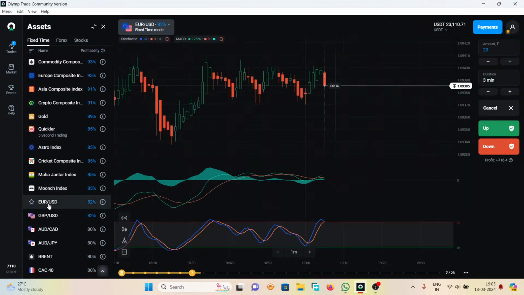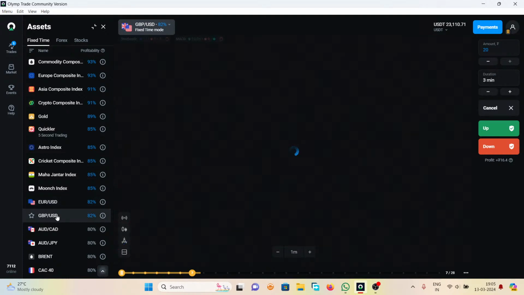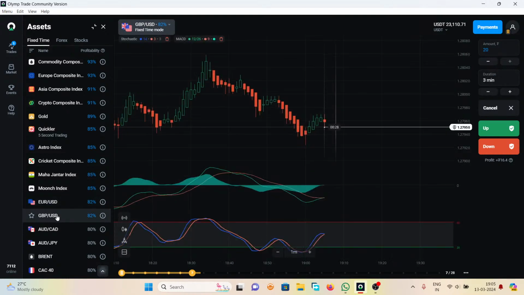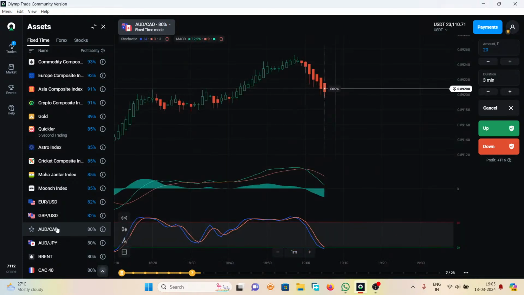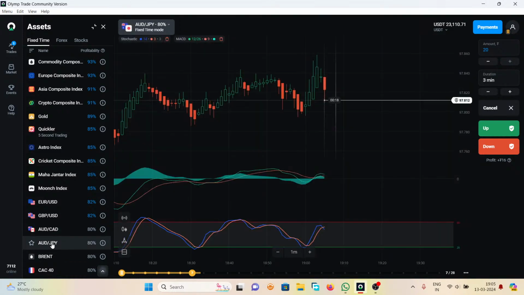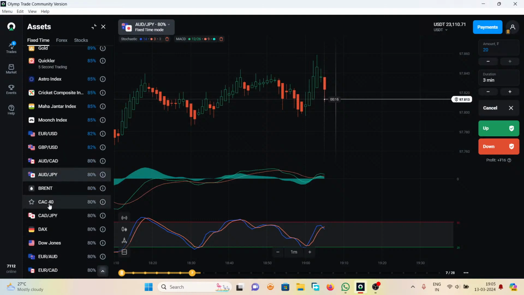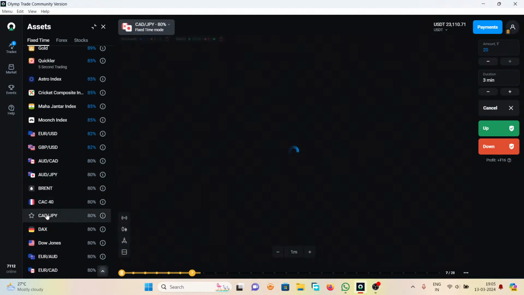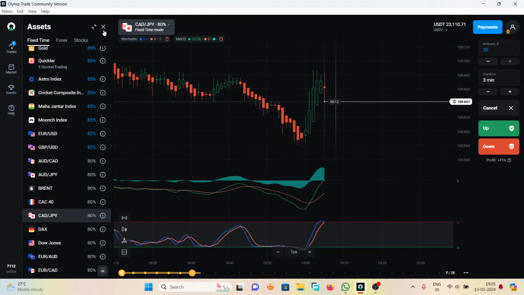Okay, and after two unsuccessful trades on the same asset, change the asset, change the timing, change the strategy as well, because maybe one strategy is not working fine now, but some other strategy can be working fine, so you can use it like that.